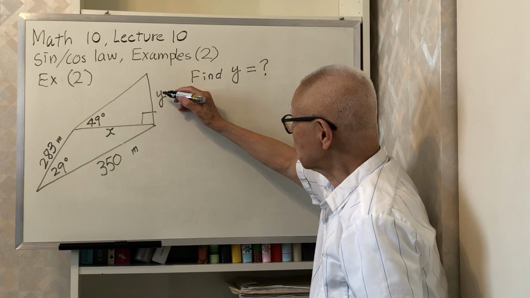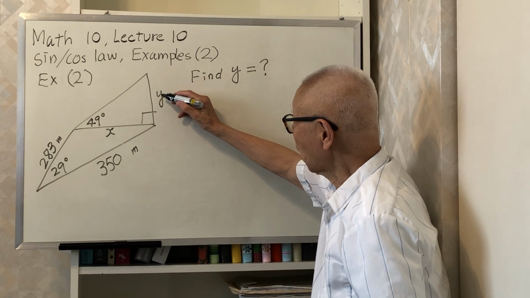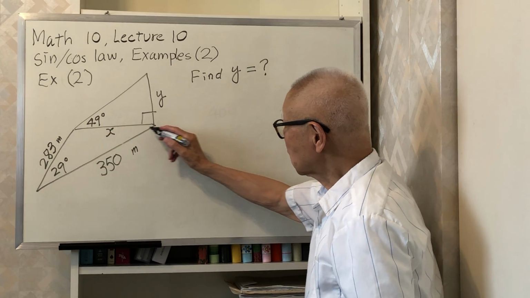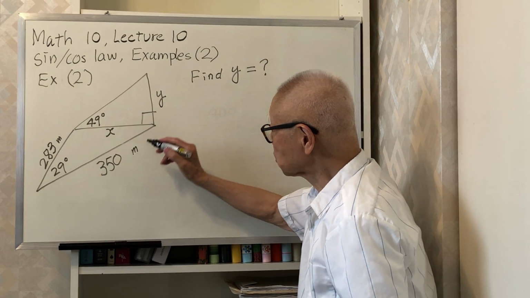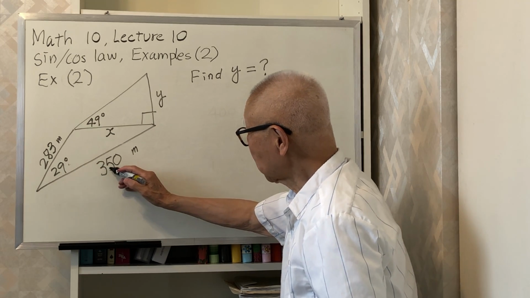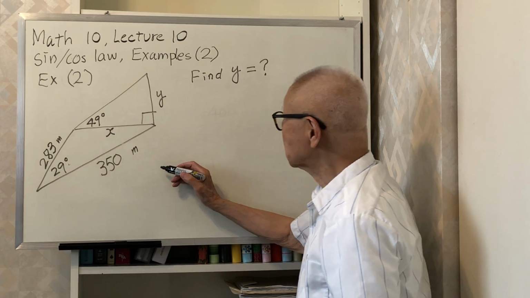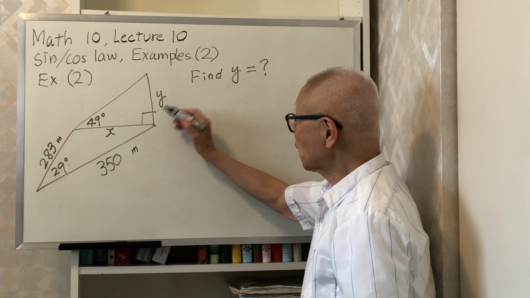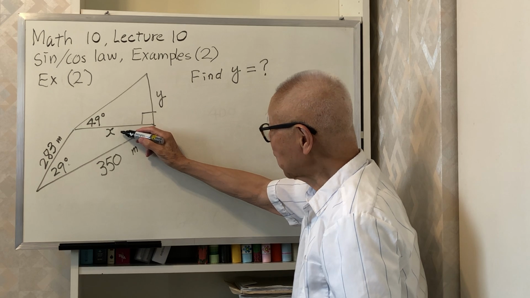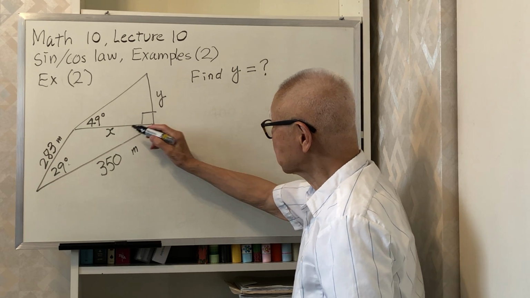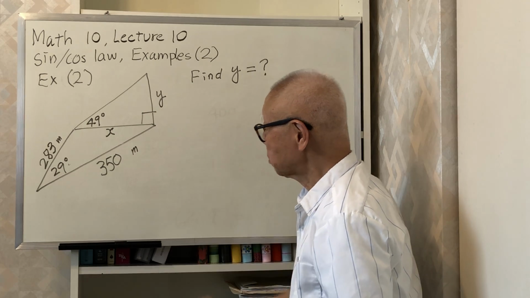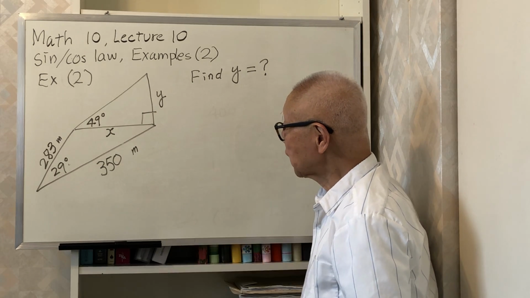This side is what I want to find. How long is y? And I have another triangle which is not a right triangle. I know this angle, this side, that side. To find y, I must find x first, and then I can use the ratio y divided by x is tangent 49 to find y.